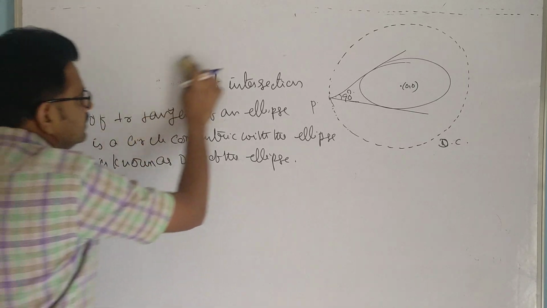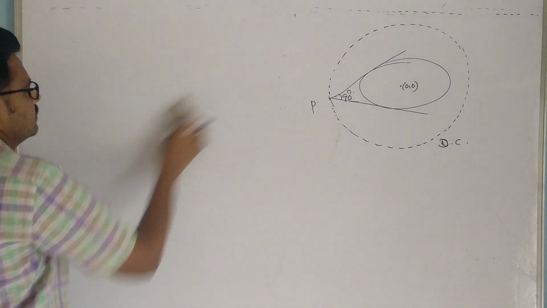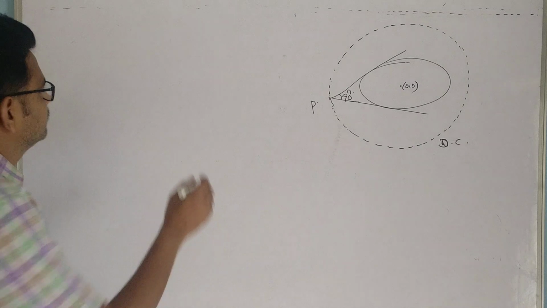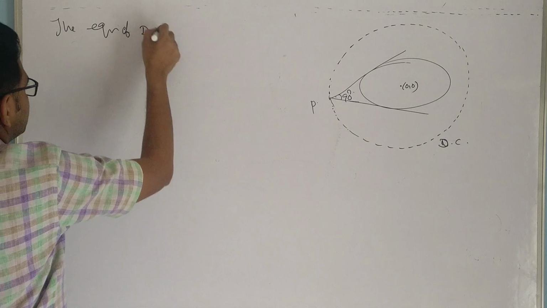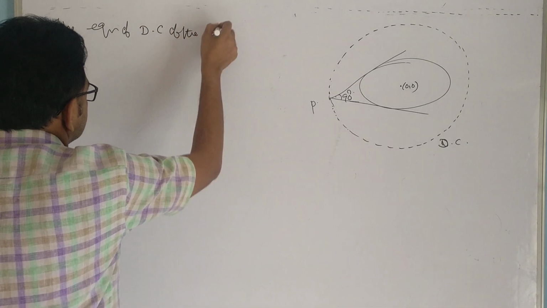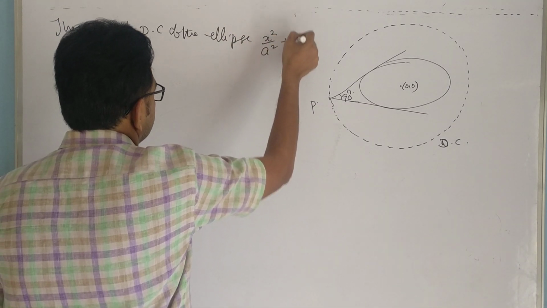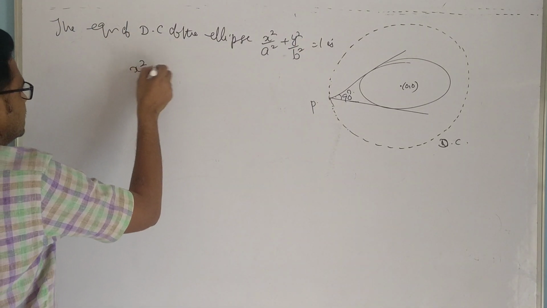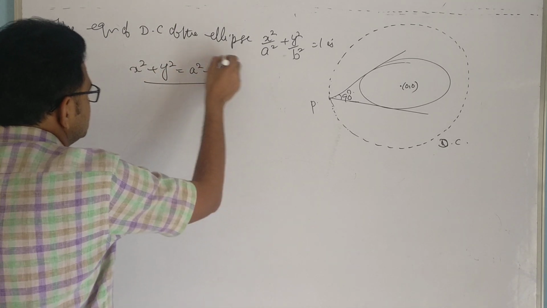Next one, the equation of the director circle of the ellipse. The equation of the director circle of the ellipse x square by a square plus y square by b square equal to 1 is x square plus y square equal to a square plus b square.